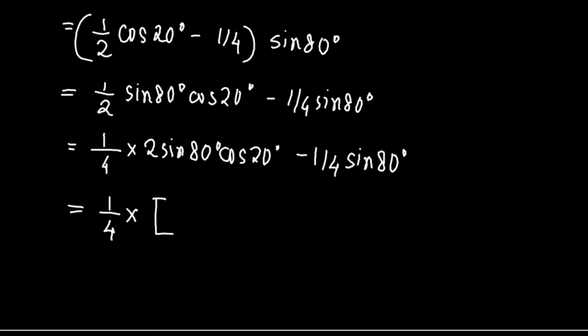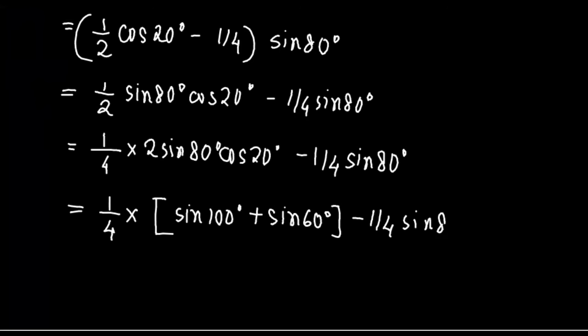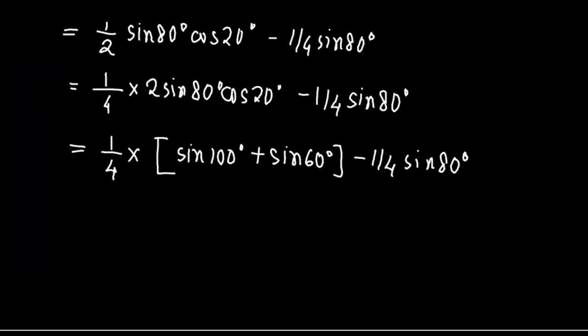So the 2 sine a cos b formula means sine of (a plus b), that is sine 80 degree plus 20, plus sine of (a minus b), means sine 60 degree. Minus 1 by 4 sine 80 degree. Now 1 by 4 into this is sine 100 degree plus, what is the value of sine 60?